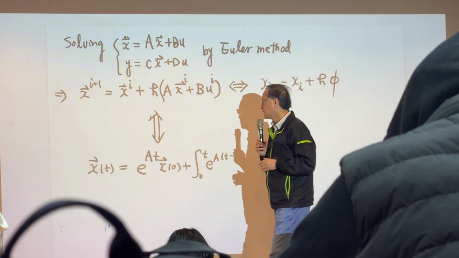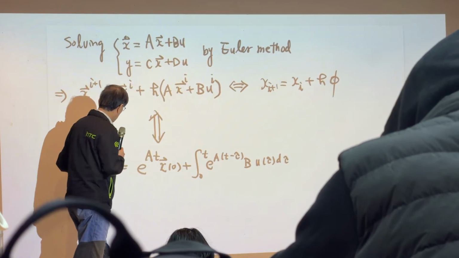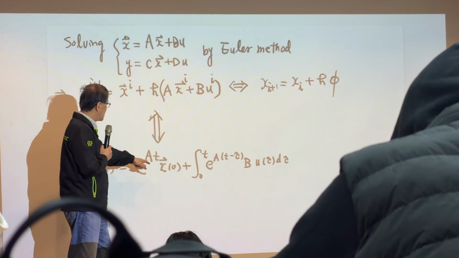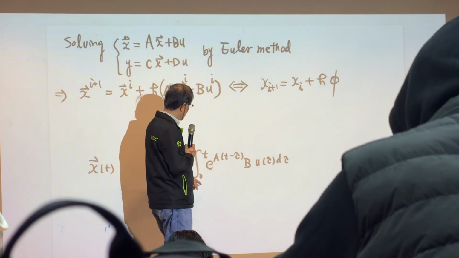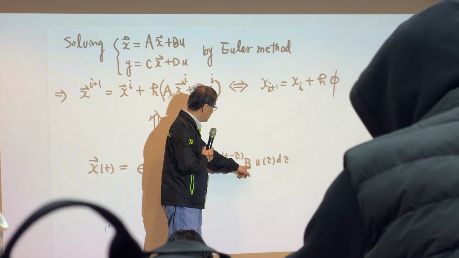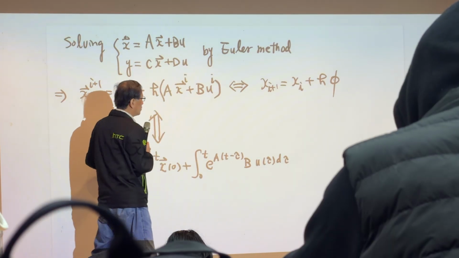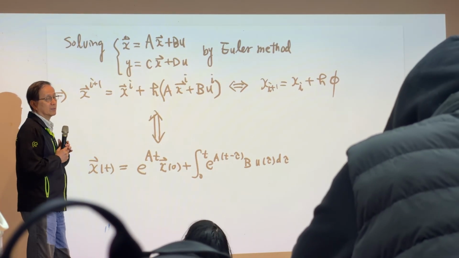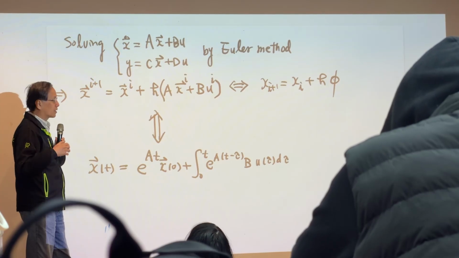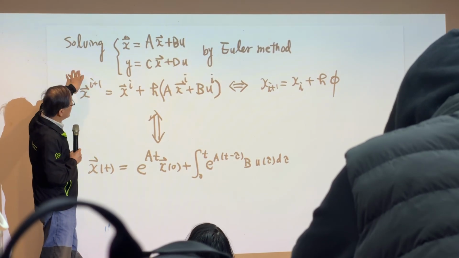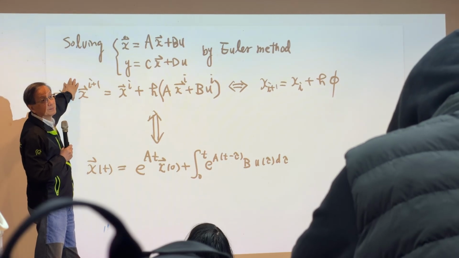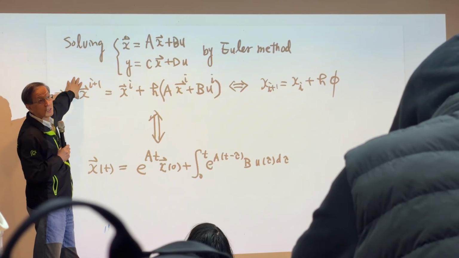You can see it has the initial value, e^{At} times this, plus the integration of e^{A(t-τ)} B u. This is a long equation, and you have to solve it by hand, which is difficult. But by numerical method, this becomes much easier, right? You understand what I'm talking about?